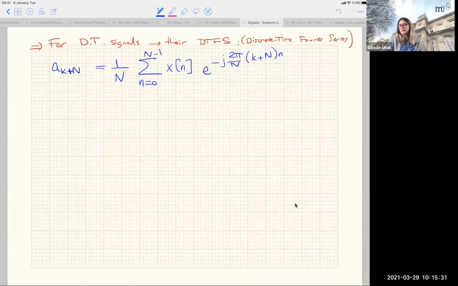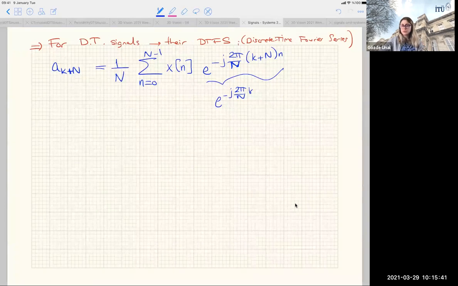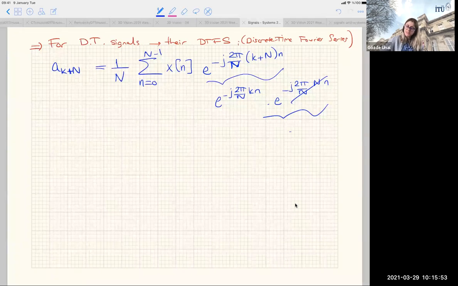I'm just rewriting it with a k plus N. So now what is this? Let's look at it together: e to the minus j 2 pi over N kn, the Fourier basis, times e to the minus j 2 pi over N times N n. These go, e to the minus j 2 pi n, that is equal to 1, right?